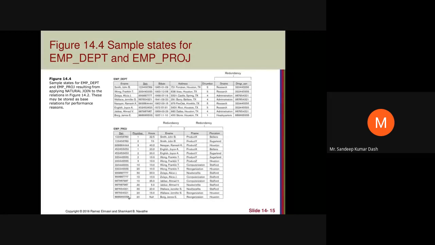Because of this anomaly, if you are deleting some data, as a consequence you are also deleting some related data. That means this causes a loss of information due to this poorly designed database, so this particular design should be avoided.